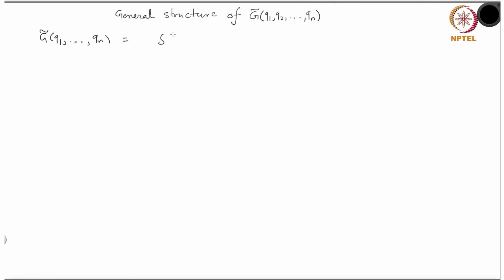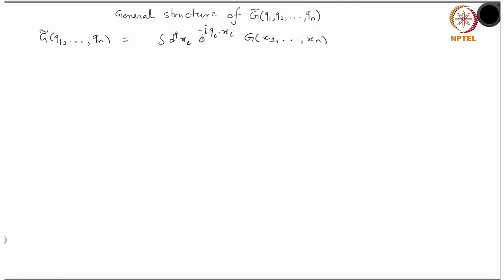Okay, this is just the Fourier transform of the Green's function in the coordinate space. So I transform each coordinate, each xi, okay, and the conjugate variable to that is qi.